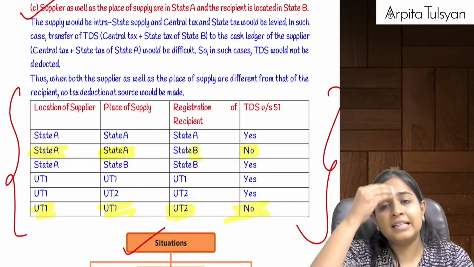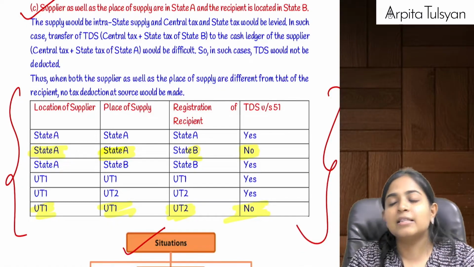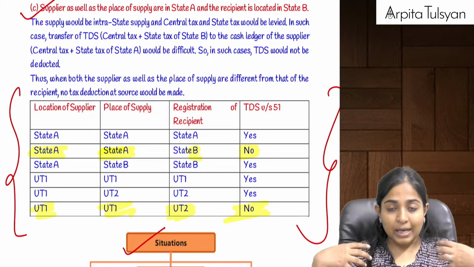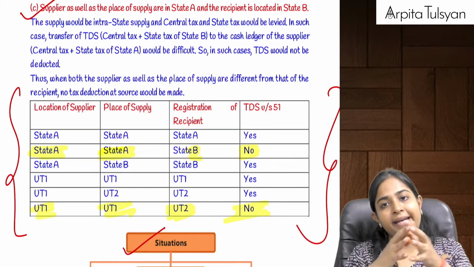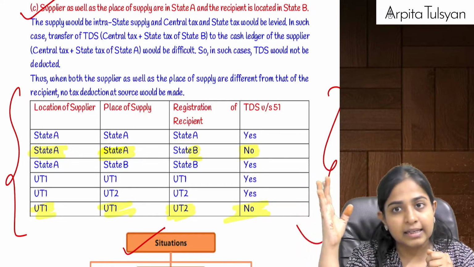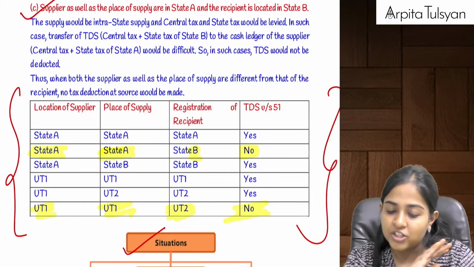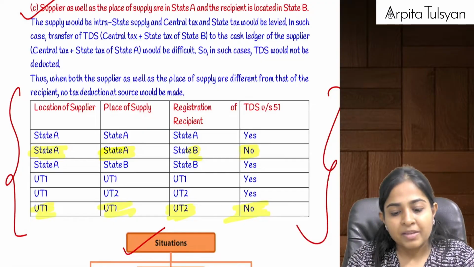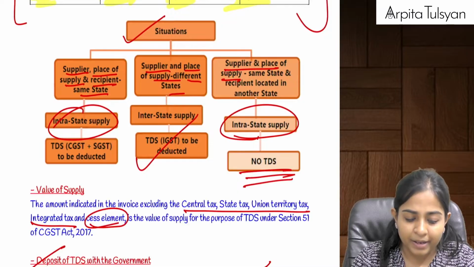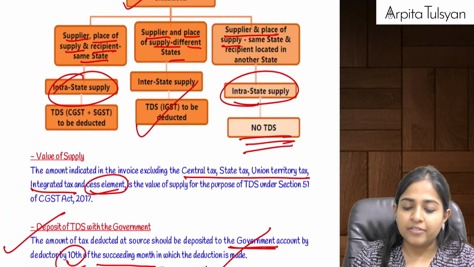Therefore, they say that in this complicated situation, let's not apply the provisions of TDS. Therefore, when the supplier and the place of supply are in one state, but the recipient is located in some other state, then in such a case TDS provisions are not applicable. Are you clear with this? In all the other cases TDS provisions will be applicable. Are you clear with this?